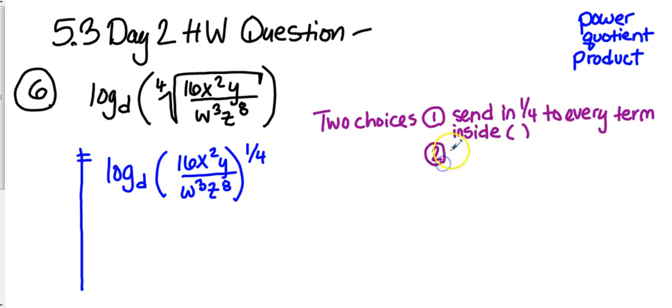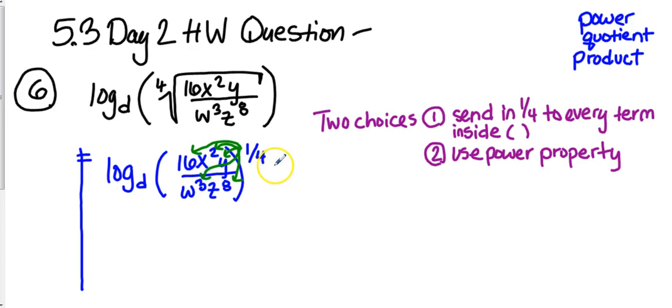Or option 2, use the power property. So what I mean by that is remember your exponent properties, that this 1/4, I could send it to the 16, and I could send it to the x squared, and to y, and to w to the third, and z to the eighth, and go from there.